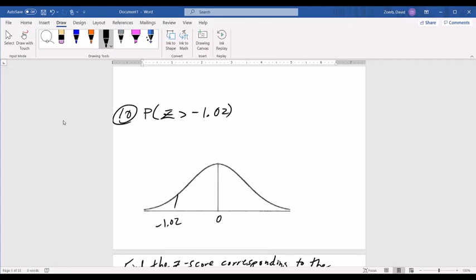And since it says z bigger than this, that tells me automatically it's going to be wanting all of this area. So look up 1.02 on the z table. So 1.0 over to 2, 0.3461.